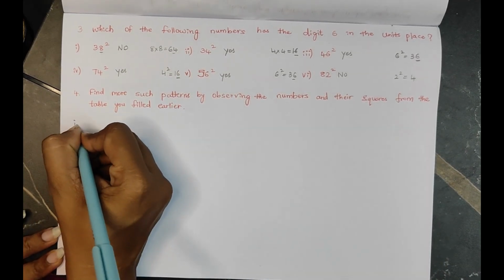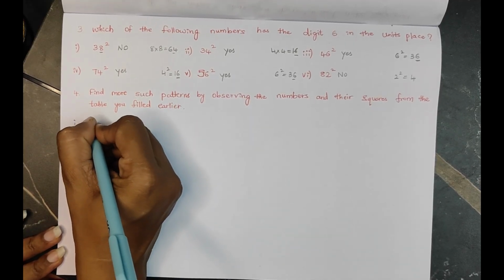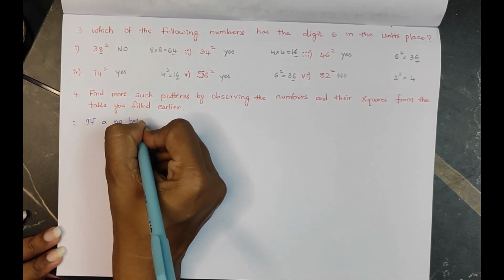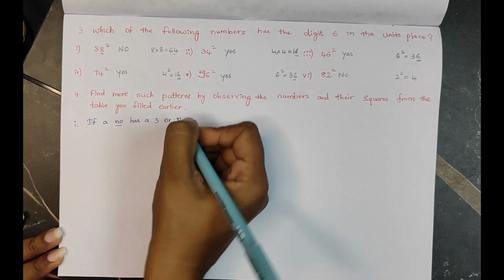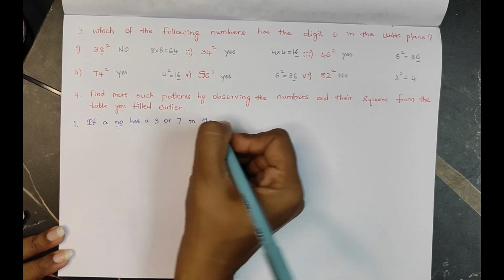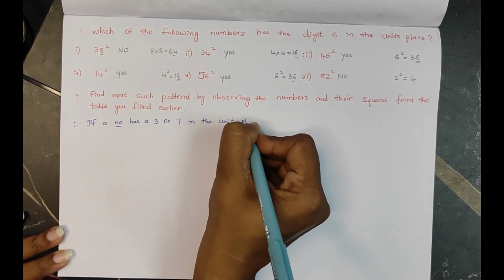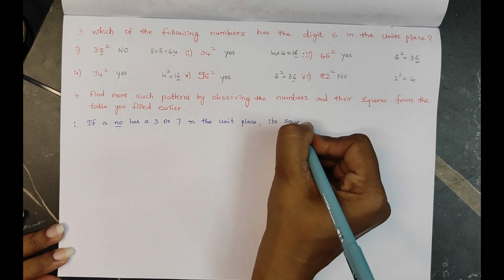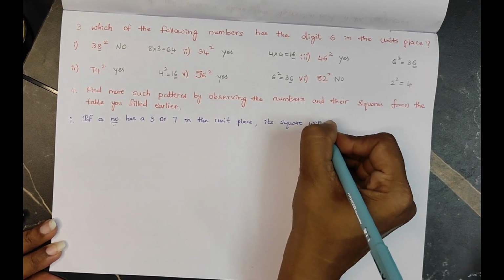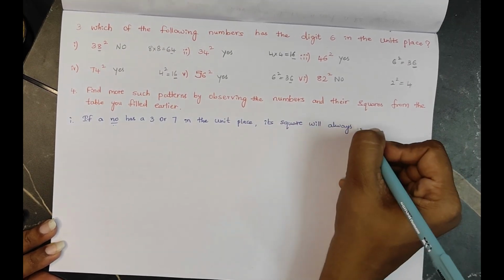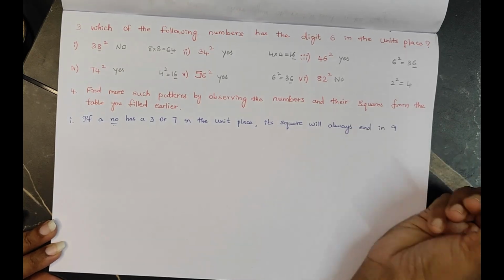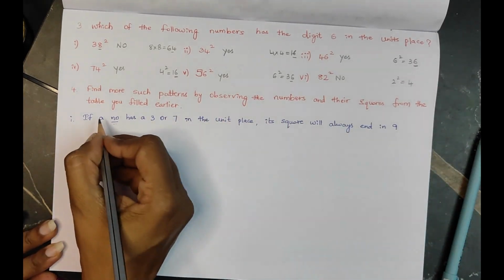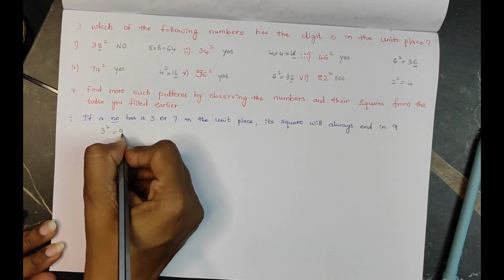Okay, first pattern we are getting: if a number has a 3 or 7 in the unit place, its square will always end in 9. For example, 3 square will end with 9.